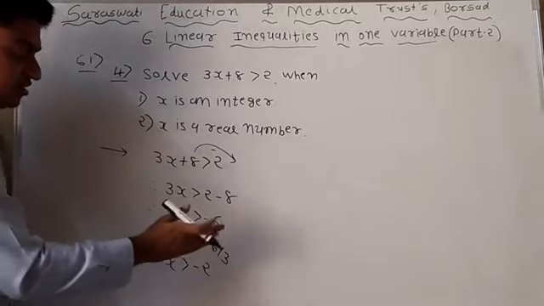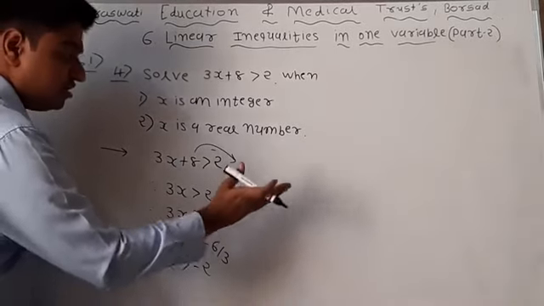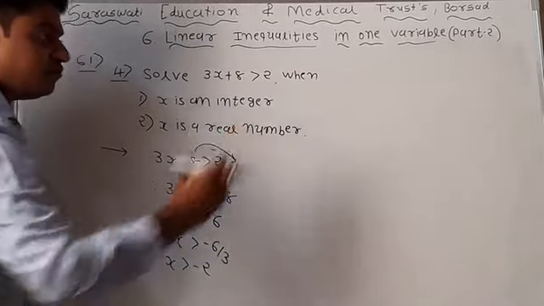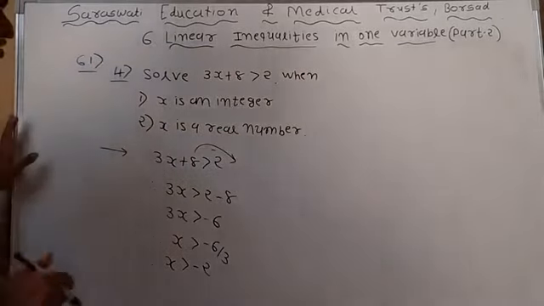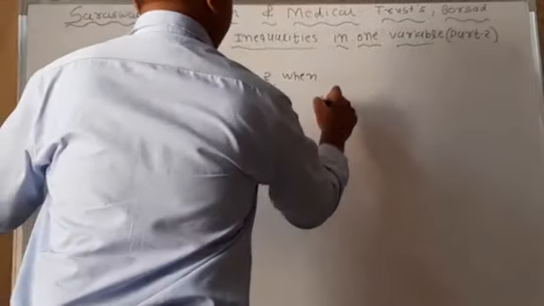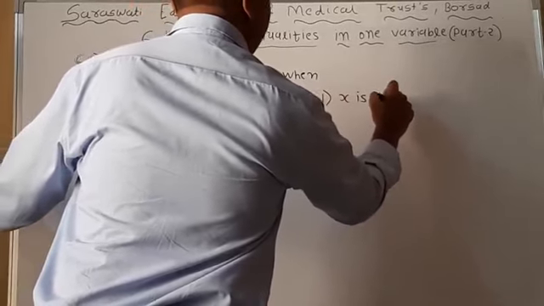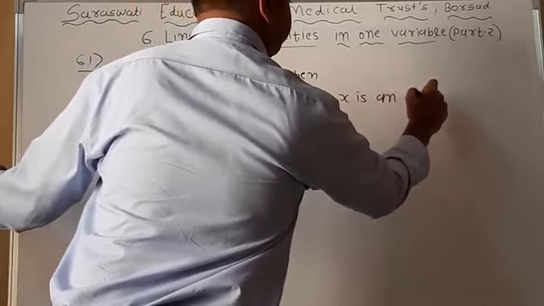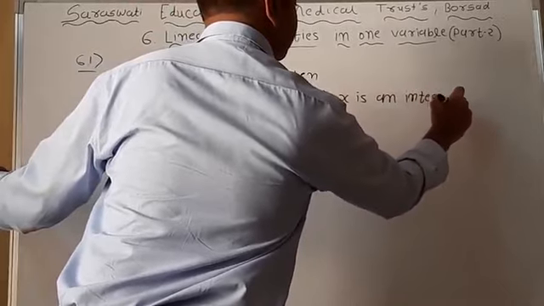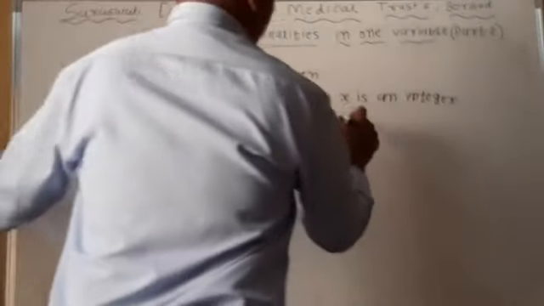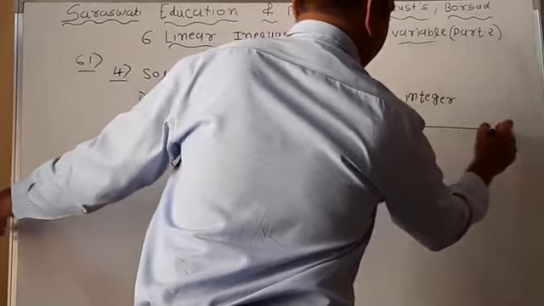Now here the greater than sign is present. Greater means the line is going to the right side. So the first condition asked is x is an integer. Now represent it on the number line.